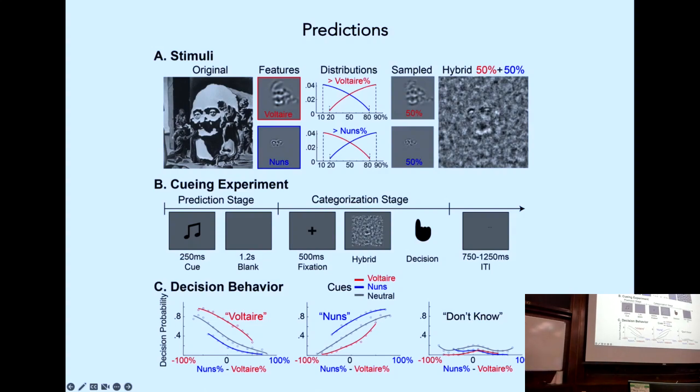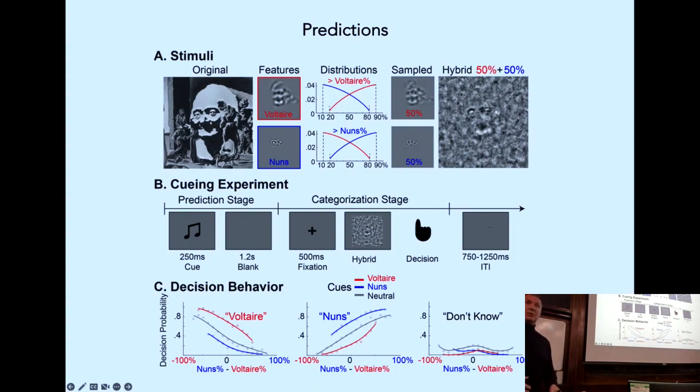And then when you get to a cueing design, such as this one, where you have a cue for upcoming Voltaire, a blank, a fixation, a stimulus, a response, you can examine this 1.2 second time window and see whether you get a reversal of your bottom-up discrimination from the localizer, Voltaire versus nonce. And you do.